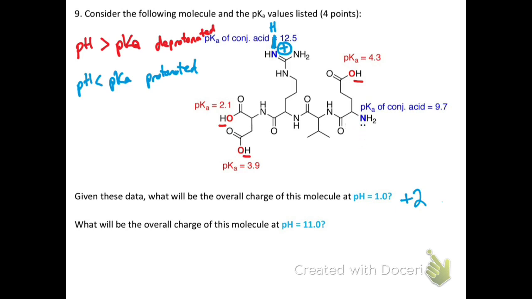And the way that we're going to do this is I'm going to go through, and if something is deprotonated, I'm going to cross out the proton if it's already drawn in. So starting with this first carboxylic acid. At a pH of 11, notice here that the pH is greater than the pKa, which means this will be deprotonated.